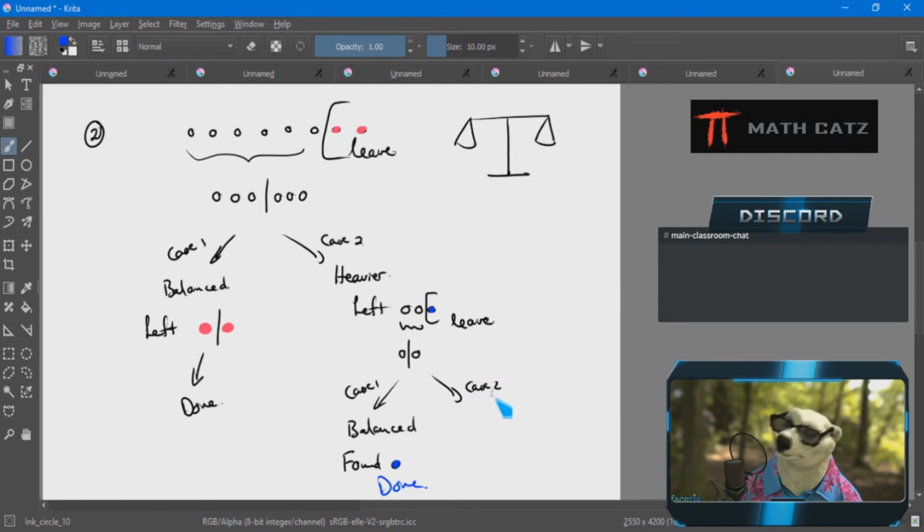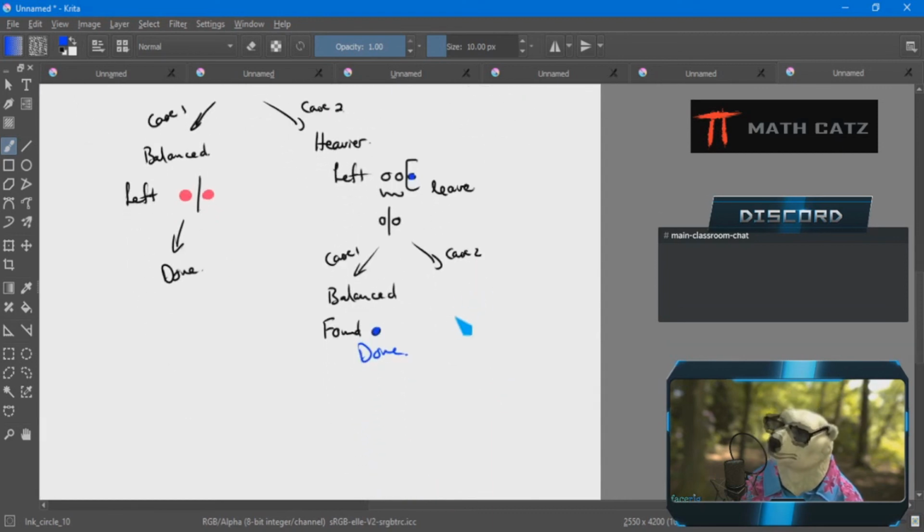Or what else could happen is when I weigh them, I found one that's heavier, and I'm also left with the heavy marble, and I'm done.